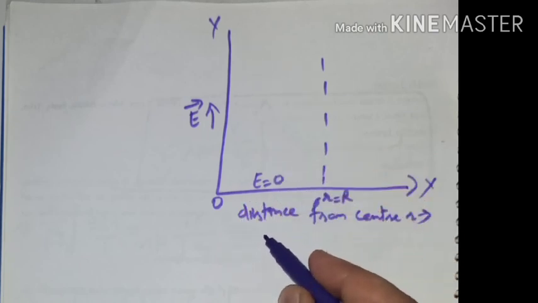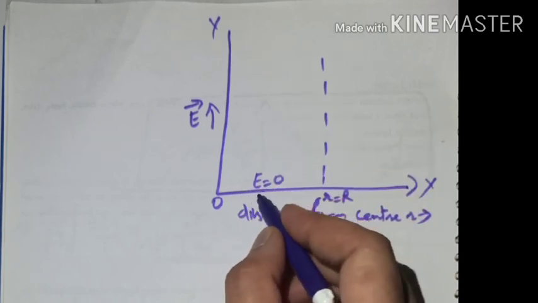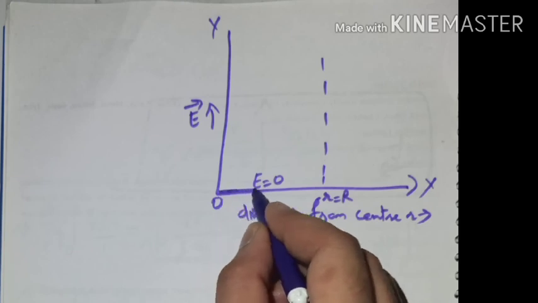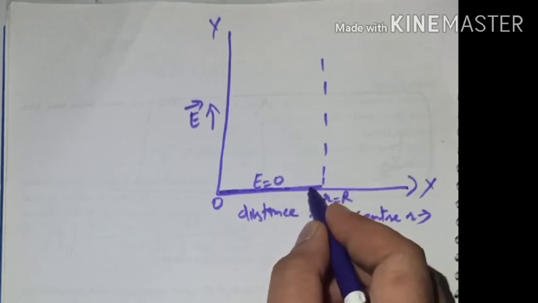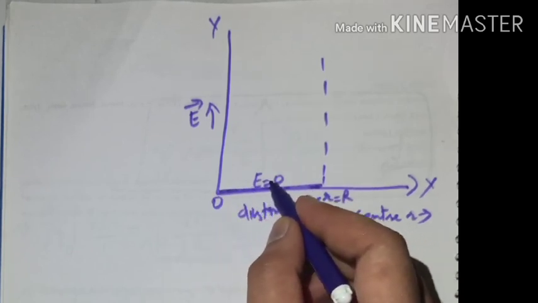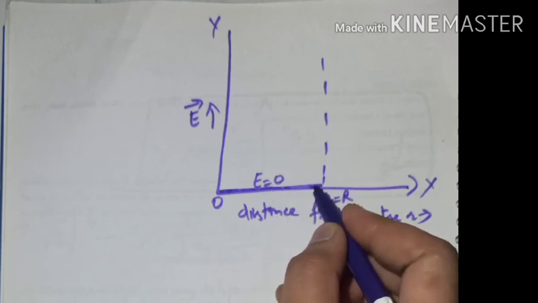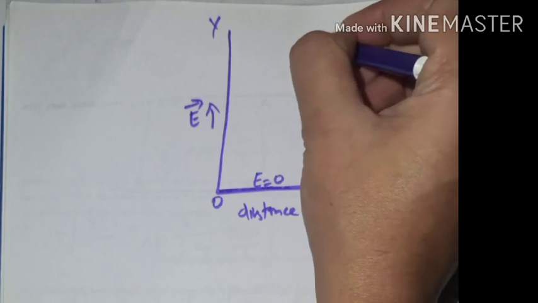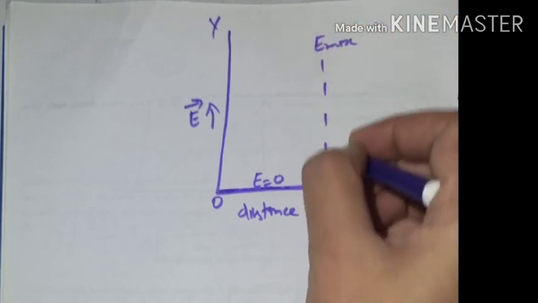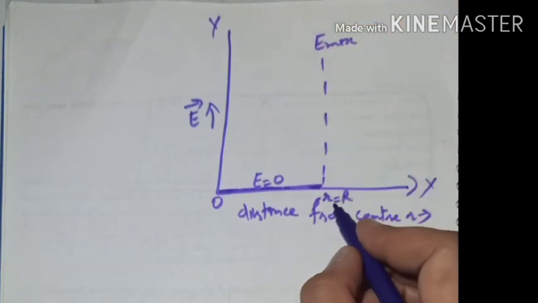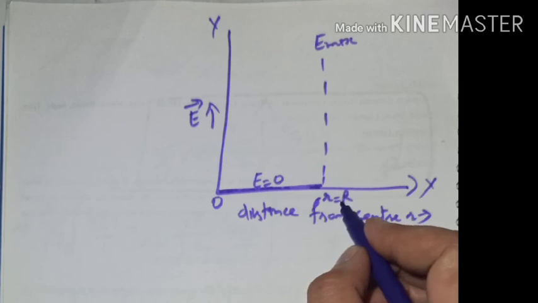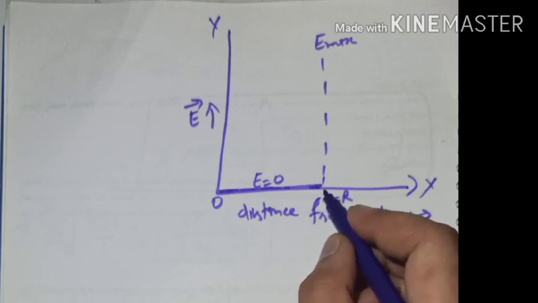This is the case when the point lies inside the shell. So electric field intensity is equal to 0 at a point inside the shell. Up to this point E is maximum. At this point, when small r is equal to capital R, means electric field intensity at a point on the surface of the shell.